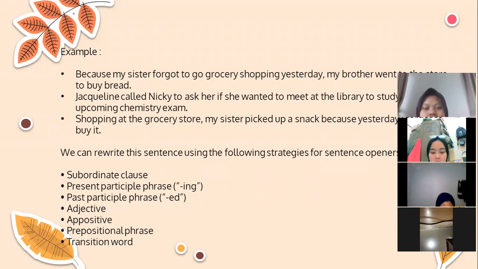Shopping at the grocery store, my sister picked up a snack because yesterday I forgot to buy it. We can review these sentences using the following sentence openers: subordinate clause, present participle, past participle, adjective, adverb, prepositional phrase.